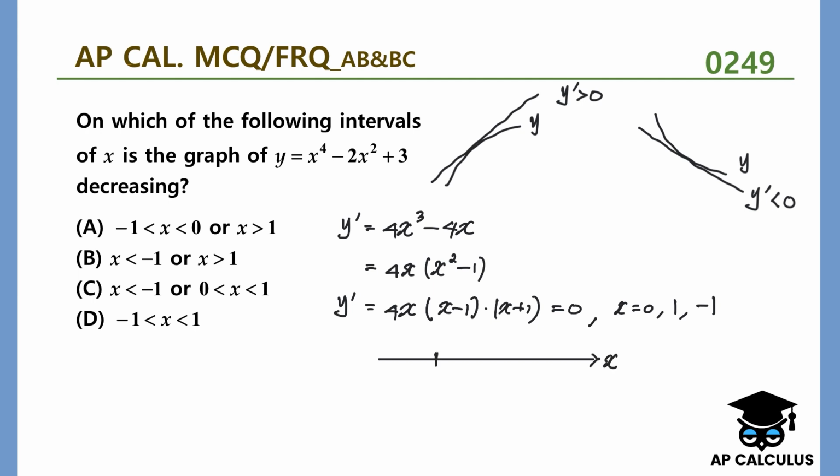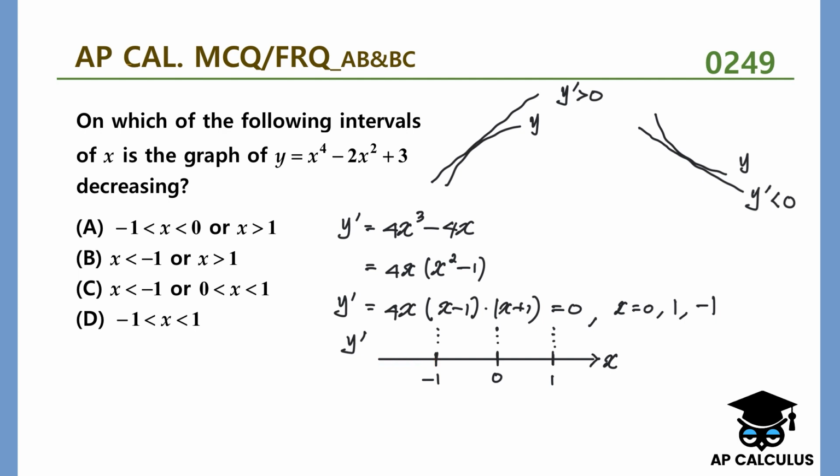Here we have negative 1, 0, 1, so we have 4 intervals to test. This is y prime. We're going to substitute one number from each interval.